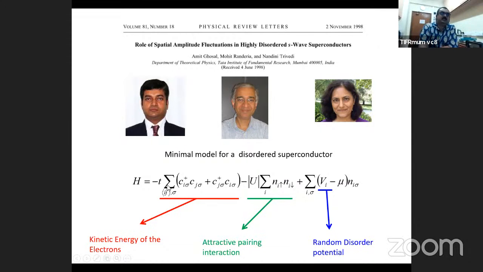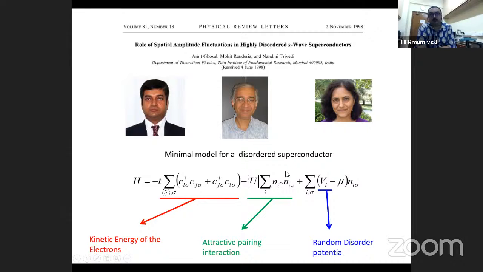So this is writing the Hamiltonian in real space. This becomes a kinetic energy term, which makes the electron hop from site to site. In k space, this is the same term that we write as c_k dagger c_k.